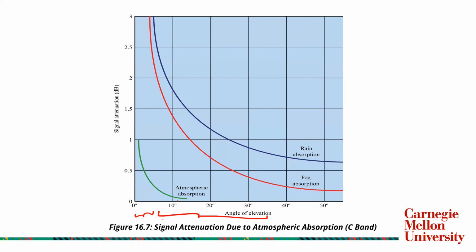Now, this is atmospheric absorption. One of the main ones is that if you're at a very low elevation angle, your signal will spend so much time and distance traversing through the atmosphere. That means you suffer more atmospheric absorption. There is rain absorption. That means your signal is going through rain and it gets absorbed by the water droplets.